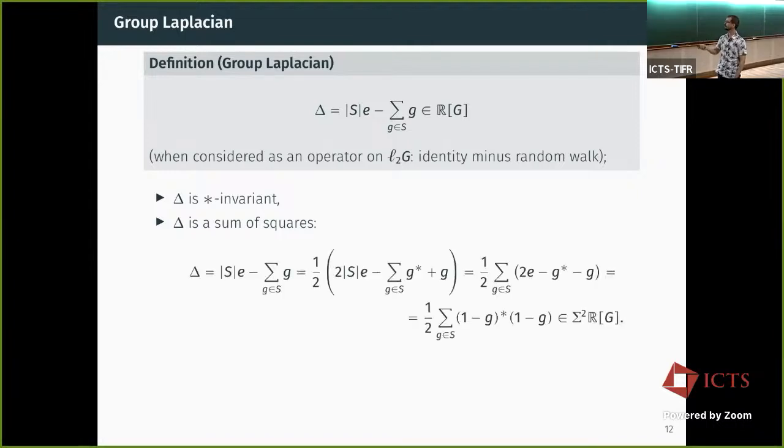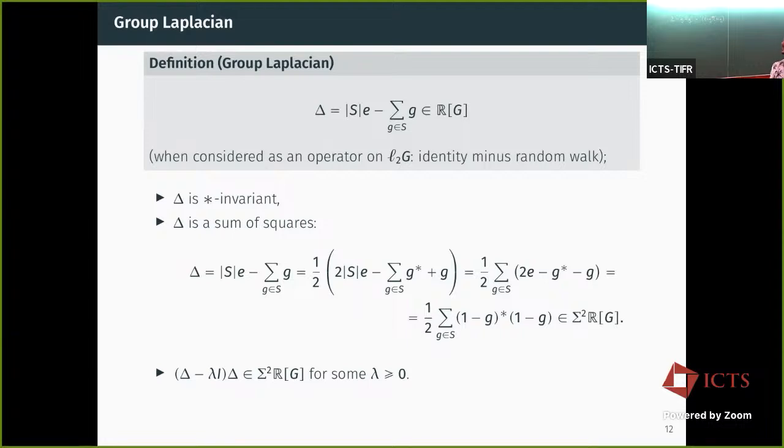This follows from something very simple, maybe overly complicated, but basically if I see something like this, 1 minus g minus g inverse, I can write this as (1 minus g) star times (1 minus g). Okay? Because 1 here is actually this element of degree 2, whatever degree means in the group algebra, right? So it looks like a linear function, like a polynomial that would be a linear polynomial, but in group algebra, it's actually not.